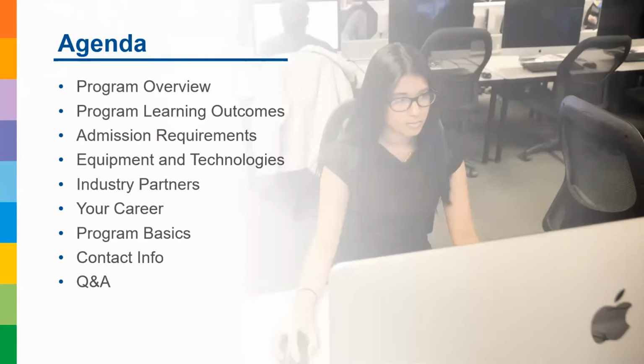After that, I will show you the lab facilities that we have to deliver the courses. After that, I will show you industry partners, how we tie to industry very tightly to bridge our students from classroom to the real information system industry.